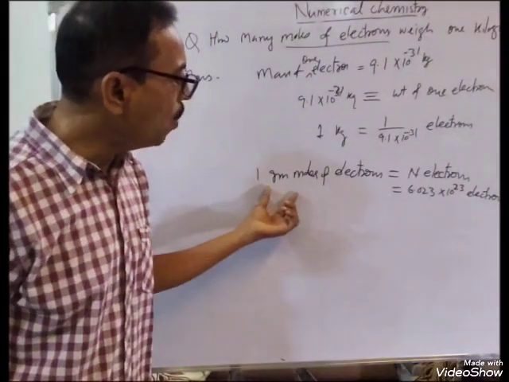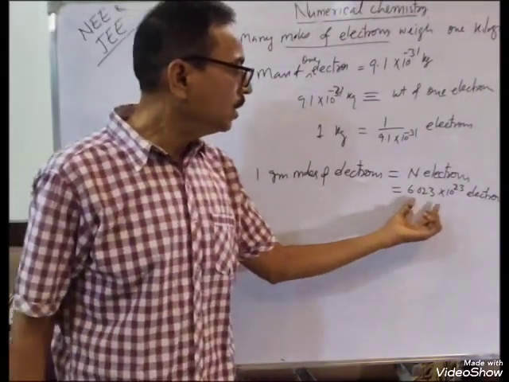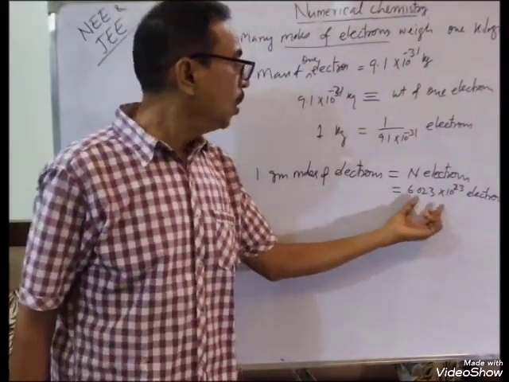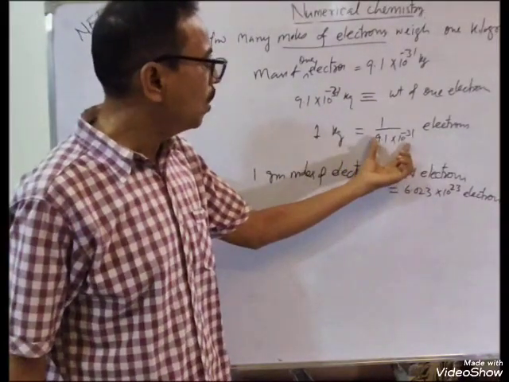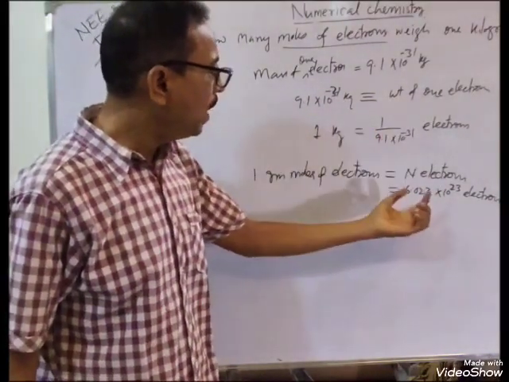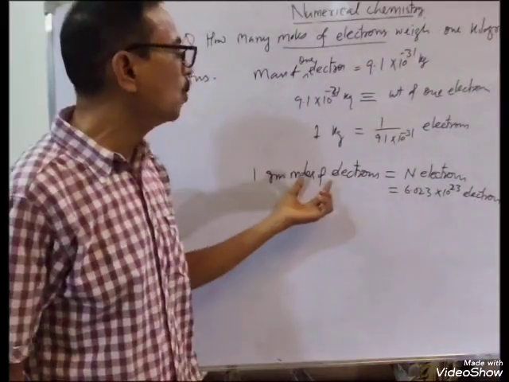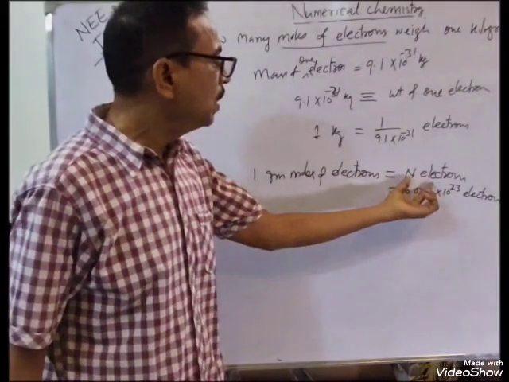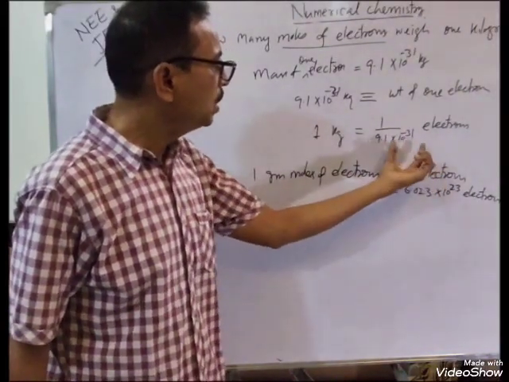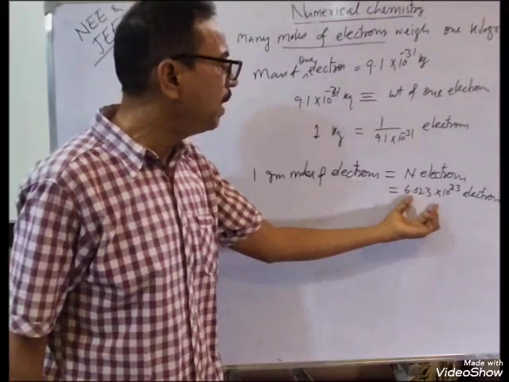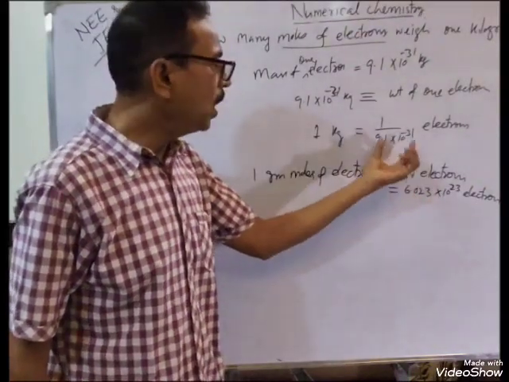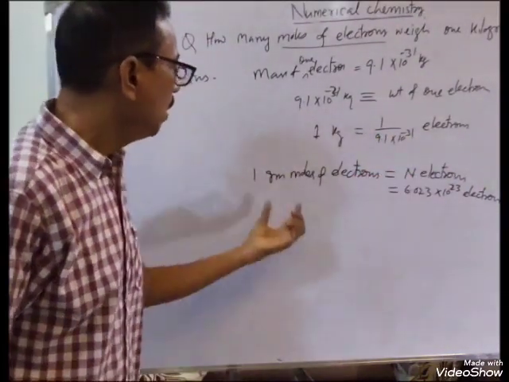So 1 gram mole means this number of electrons, and the total number of electrons is this. If divided by this number, it will convert into gram mole. So the number of electrons divided by the Avogadro number, you will get the gram mole.